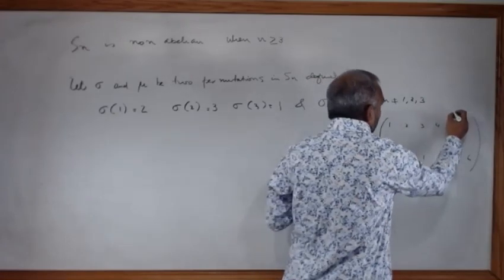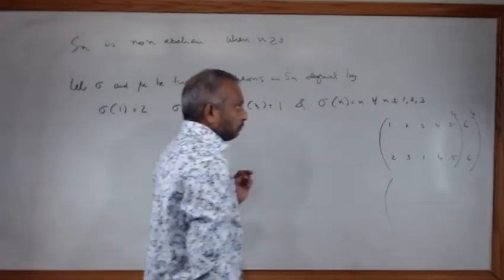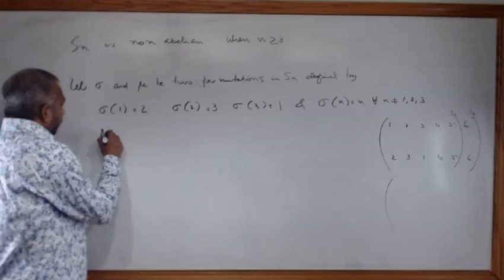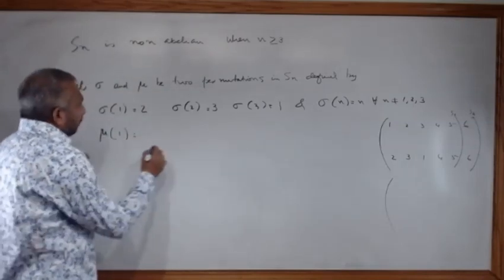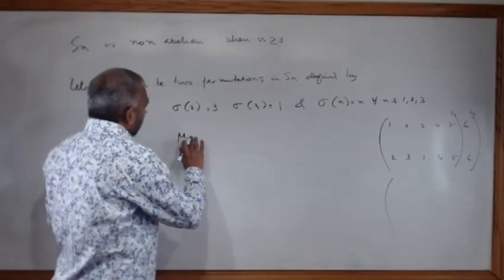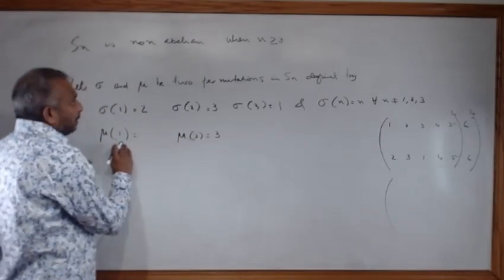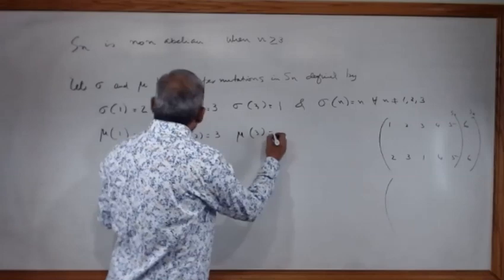This is in S5, and this is in S6. And mu is defined as, mu of 2 is equal to 3, and mu of 1 is 1, and mu of 3 is equal to 2.